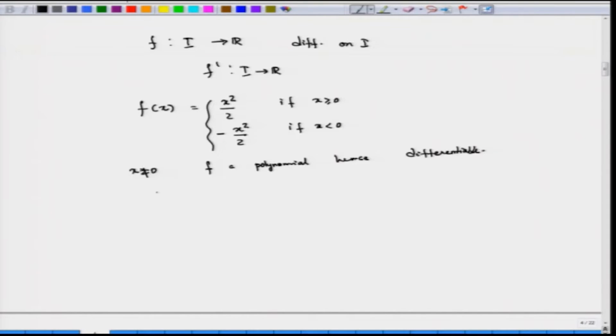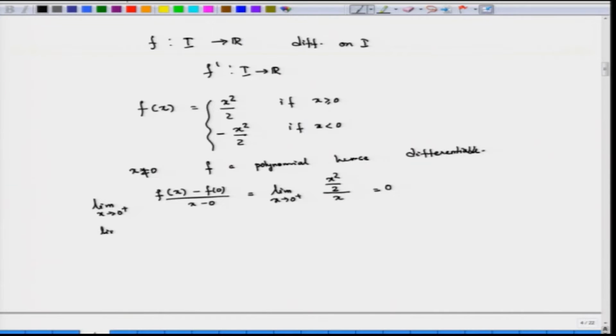Now, at x equal to 0, we need to look at f. Taking x tending to 0 plus, f of x minus f of 0 divided by x minus 0 is the limit of x square by 2 divided by x, since f of 0 is 0, which is equal to 0.